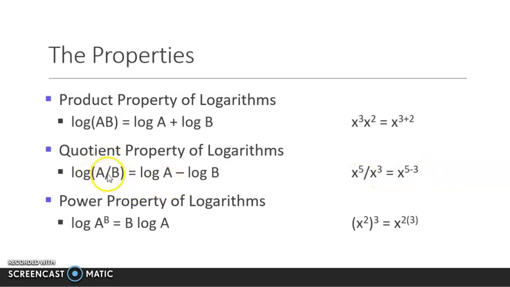So division is changed to subtraction. And when we have a power raised to a power, we multiply the two powers. So notice a power is changed into multiplication. So they're related to those laws of exponents that we learned in Chapter 1.